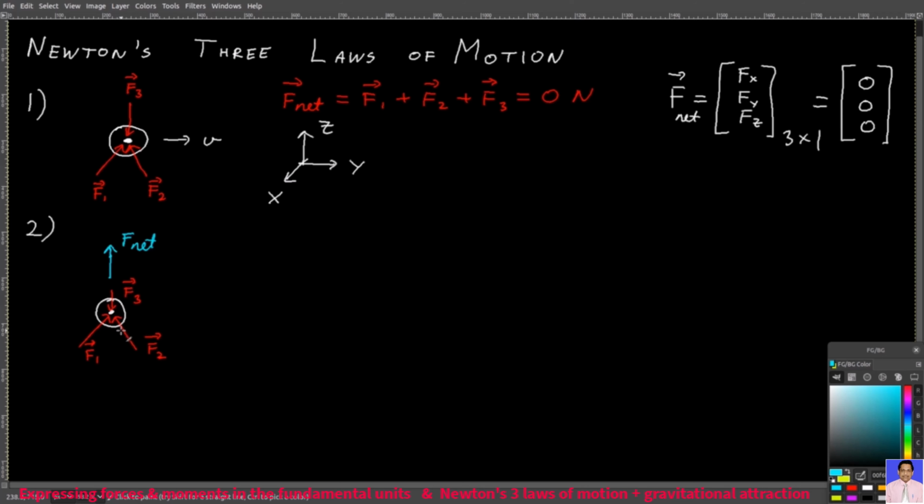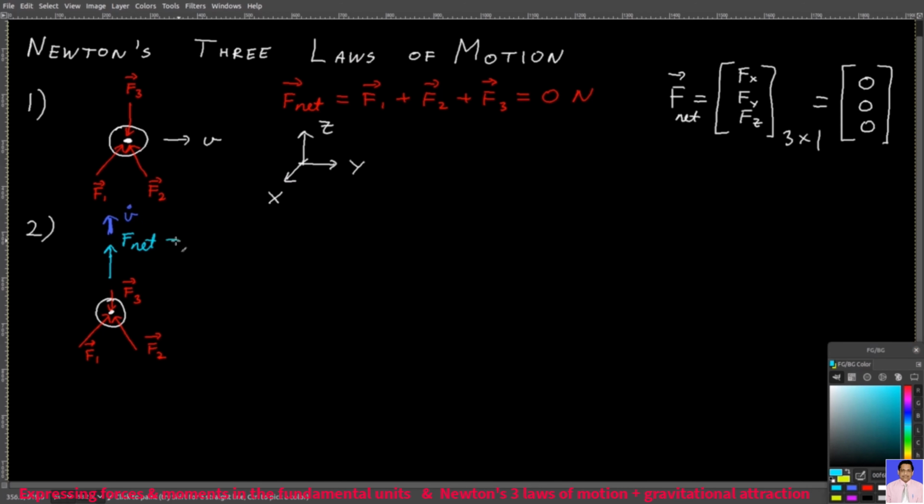Horizontally, the forces cancel each other out, but vertically, they do not. And so when you have this unbalanced force, F net, then assuming that the mass is constant, this particle will accelerate in the direction of this F net force.